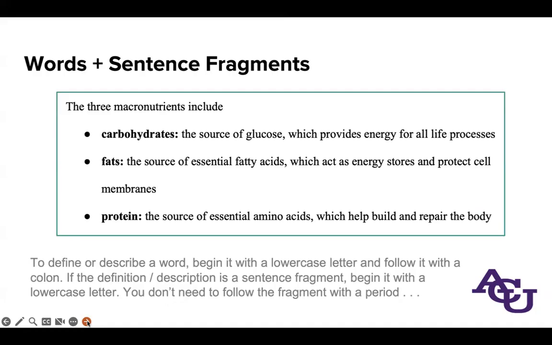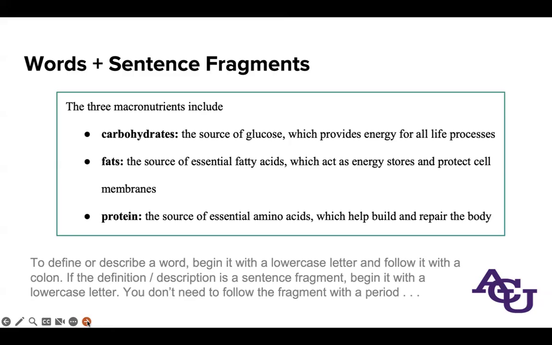So in this case, I have a keyword, carbohydrates, fats, and protein at the head of each bullet. If I want to do this and then just define or describe the word or phrase, I can begin that word or phrase with a lowercase letter, and then I will follow it with a colon. That's allowed per APA guidelines.